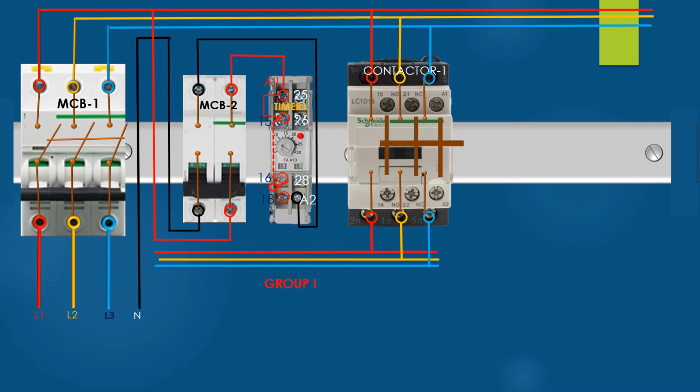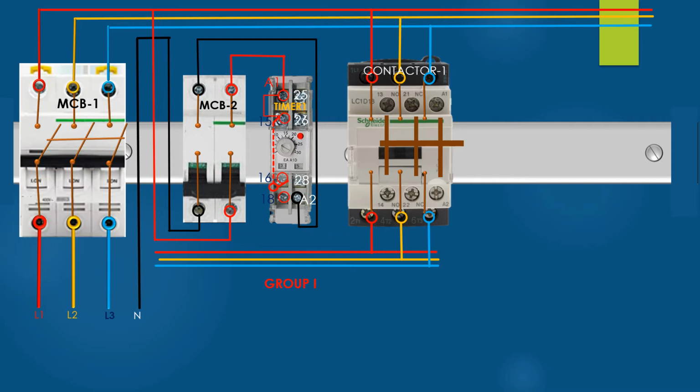Now voltage is applied at the terminals A1 A2 of the timer relay. Suppose the preset time is 5 seconds; after 5 seconds, making or breaking of contacts between 15-16 and 15-18 will happen.